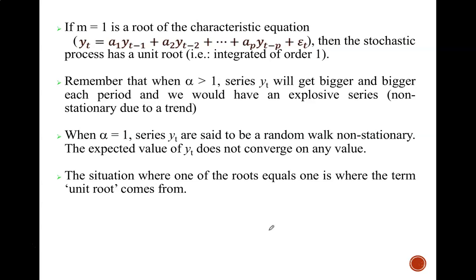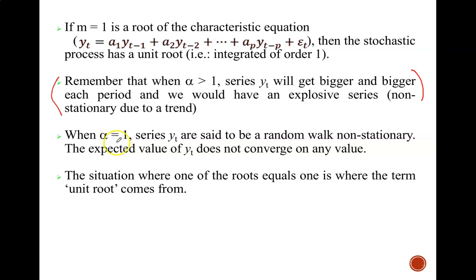All right, remember that when alpha is larger than 1, the series y gets bigger and bigger each period and would be an explosive series, non-stationary due to the trend, right? Assuming this is what is happening.